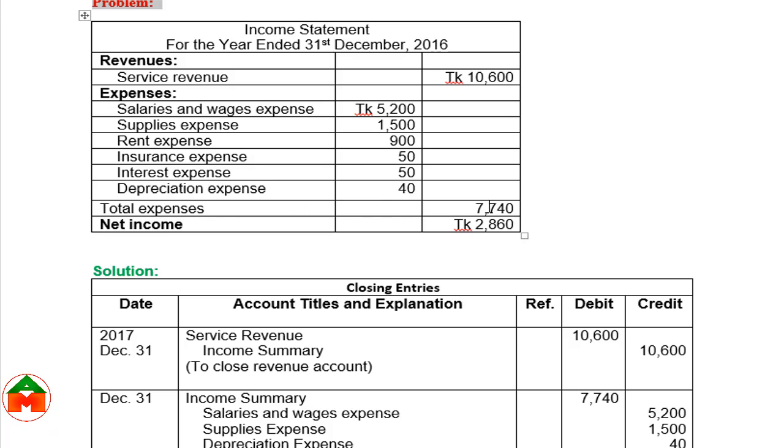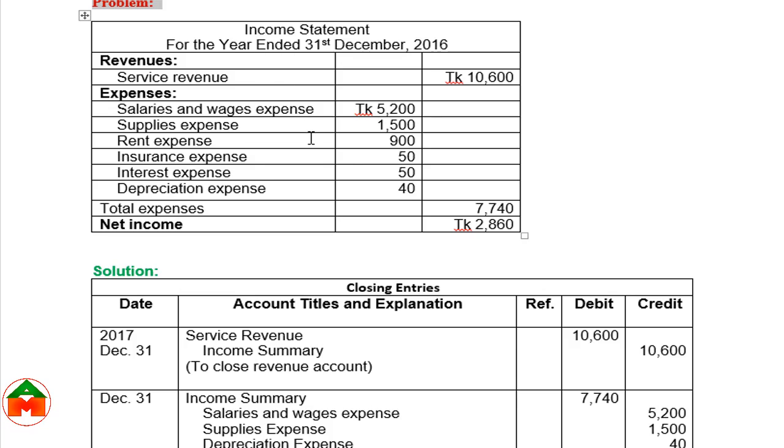The total expense is 7,740. If we deduct this total expense from the service revenue, we get the net income of 2,860. So this is an income statement.